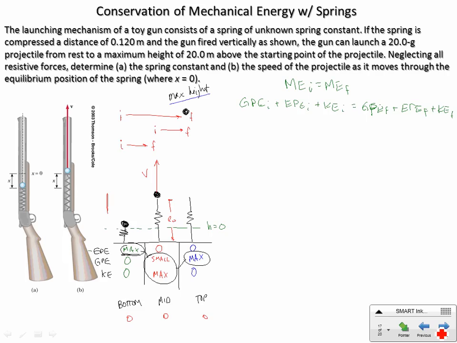It's up to you. It really depends on what you know and what you want to know. You can't just arbitrarily pick one. So that's how we built this little table down here. It tells us that in each case, what energy is there and what energy isn't there.